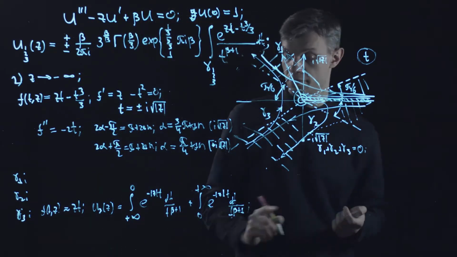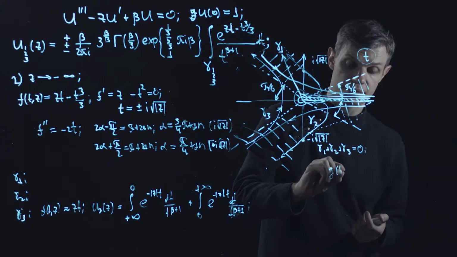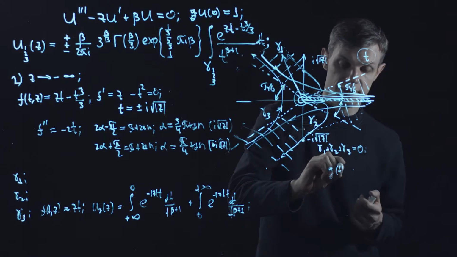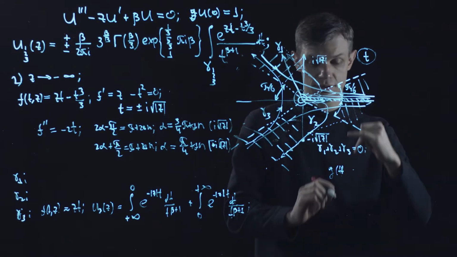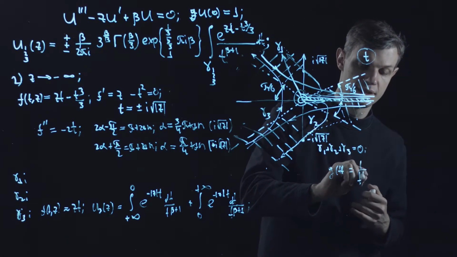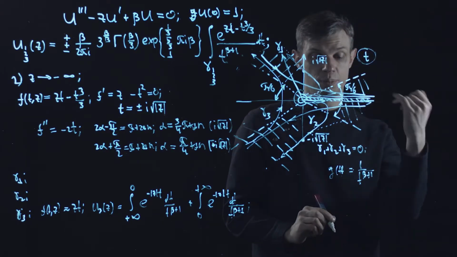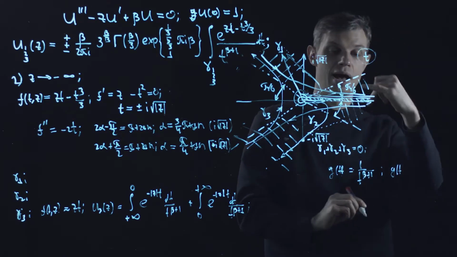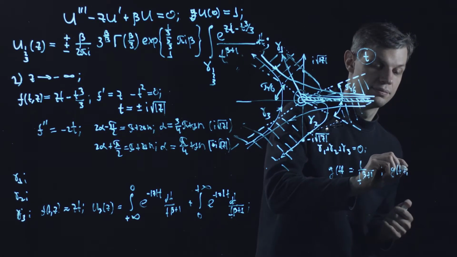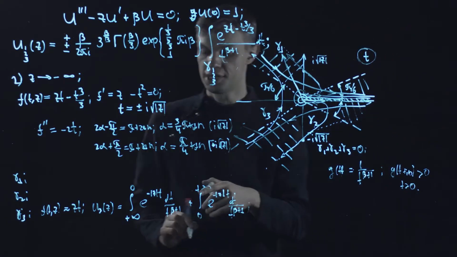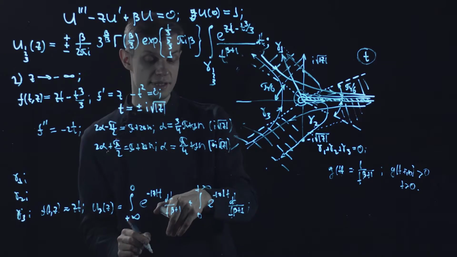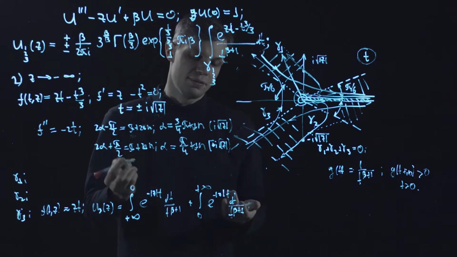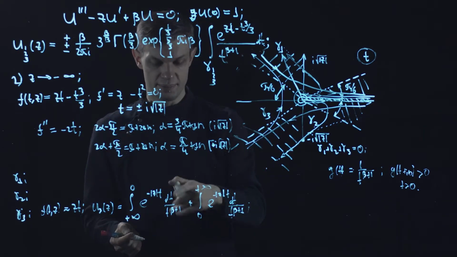And of course, we have this multivalued function here, and we defined its regular branch in a natural way. So we considered that the g of t function, which is 1 over t to the beta plus 1, is positive when t belongs to the upper bank of the branch cut. So you have to take into account an additional phase of this g of t function as you go along the lower bank of this branch cut, and it will give you just some 2 pi i factor multiplied by beta.